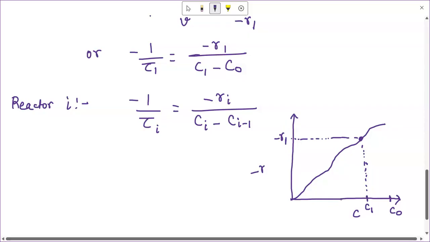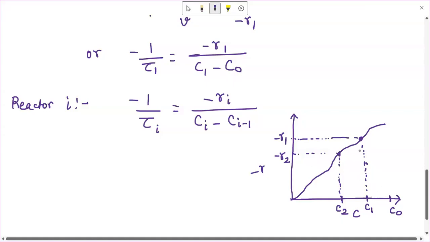Similarly, as you move to the second reactor's outlet C2 over here, let's say the corresponding rate is minus R2. So this is how you have got the points.